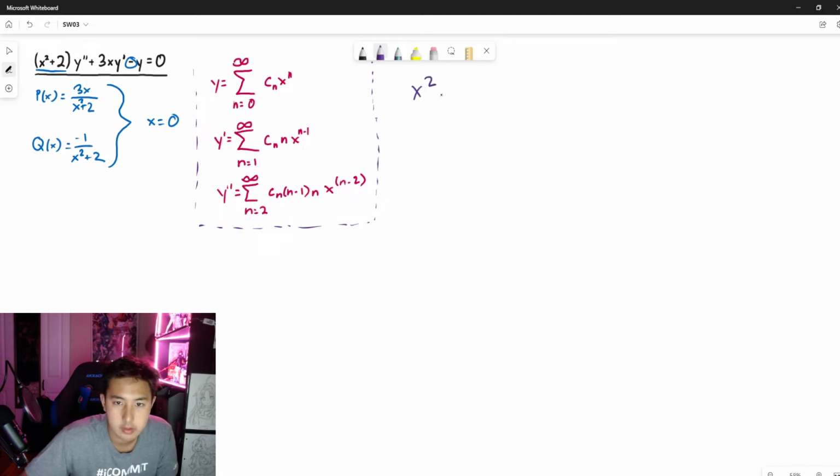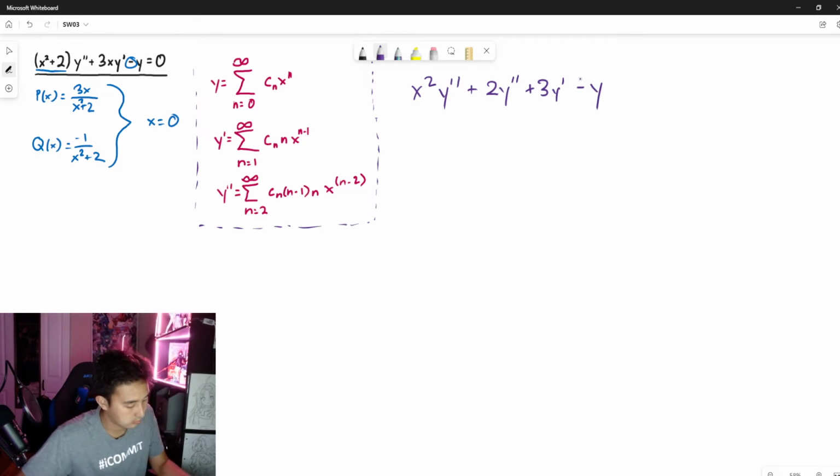So we have x squared y double prime plus 2y double prime plus 3xy prime minus y, and that all equals 0.